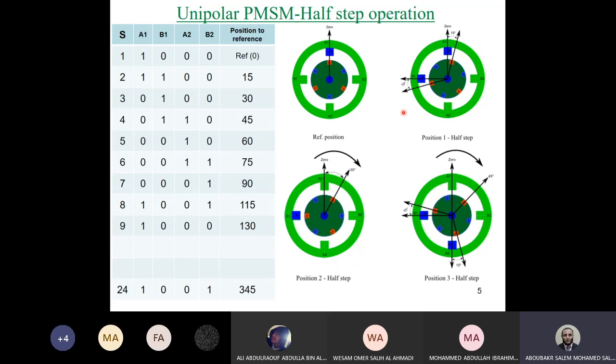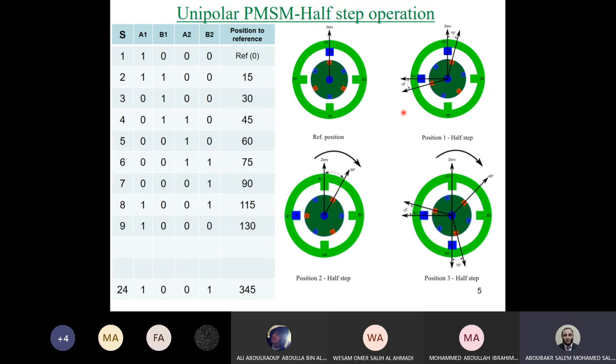However, this cannot be obtained for the unipolar case because, as we described, the circuit will allow you to move a current in only 1/2 coil. Or in another way, we can say only 1/2 of the coil can be energized.